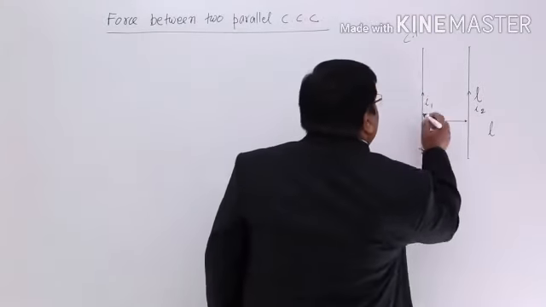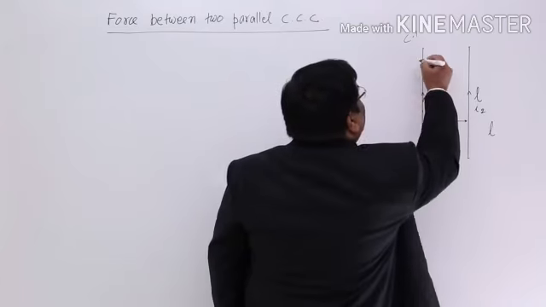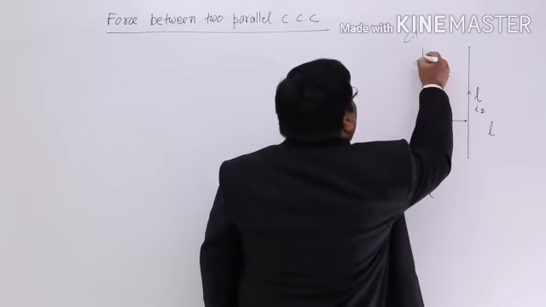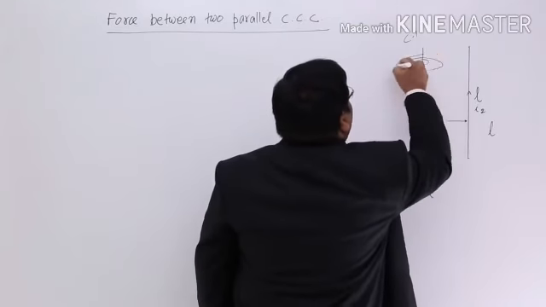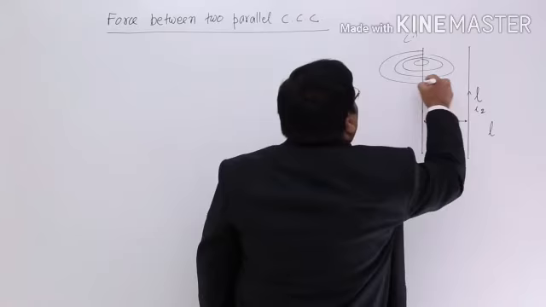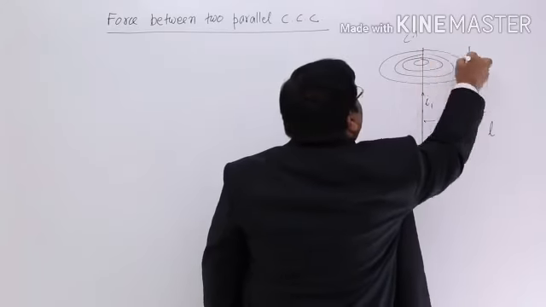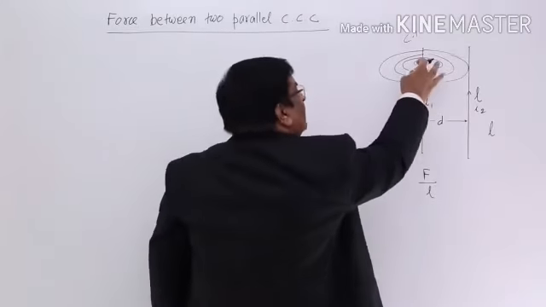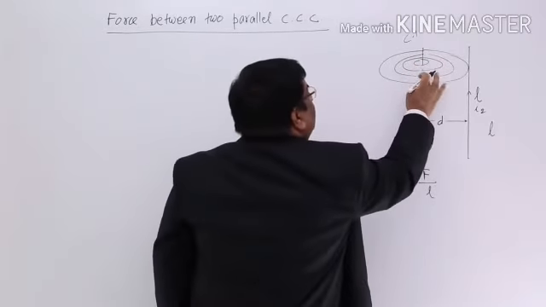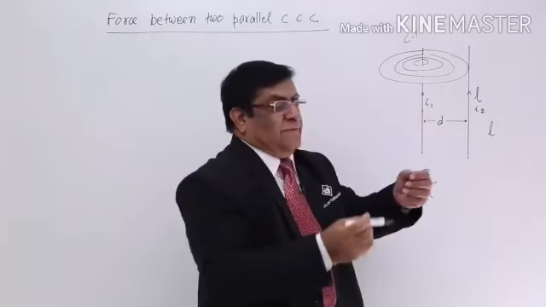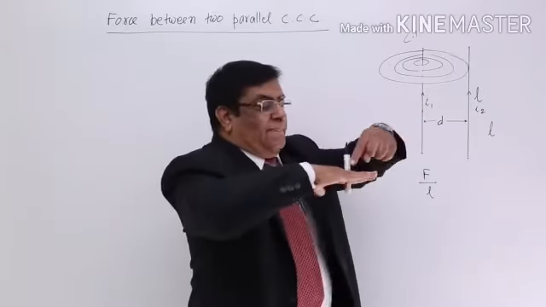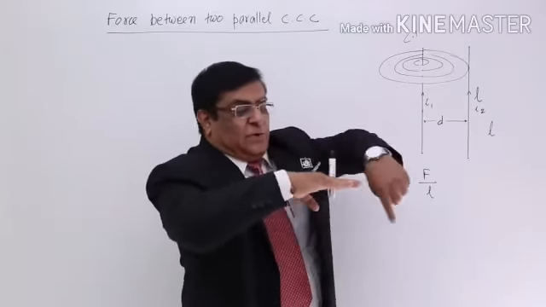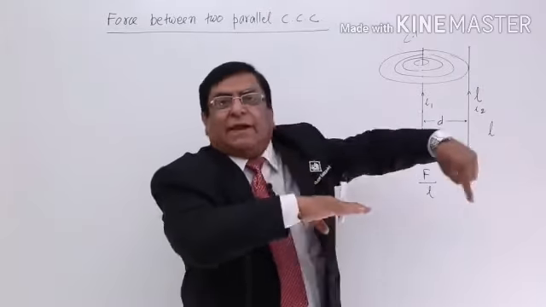So now we start the calculation. This conductor will make a magnetic field like this all around it, and this will touch the other conductor. What is the direction of this magnetic field? Well, you have done it many times. If this is the conductor, then these circles on the floor are the magnetic field.